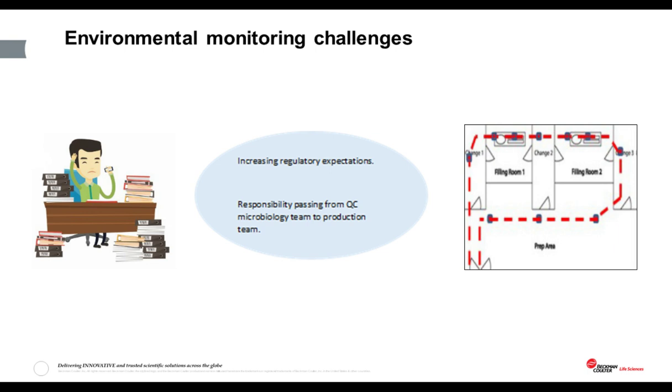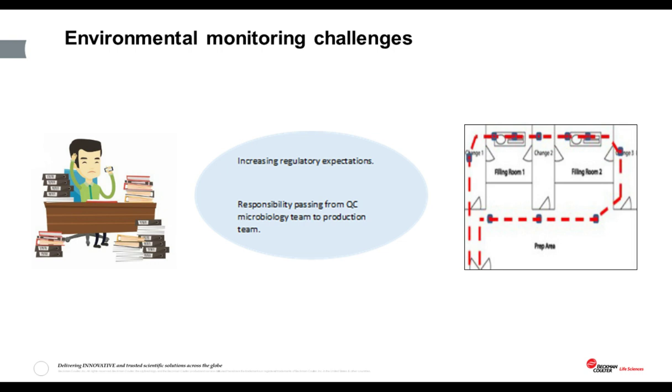Now, discussions that I've had as I travel the world and speak to users of clean rooms in the GMP environment is that there's an increasing trend where the burden of carrying out these routine environmental monitoring testing, particularly air particle counting, is moving away from the QC microbiology team and over to the production staff for two reasons.